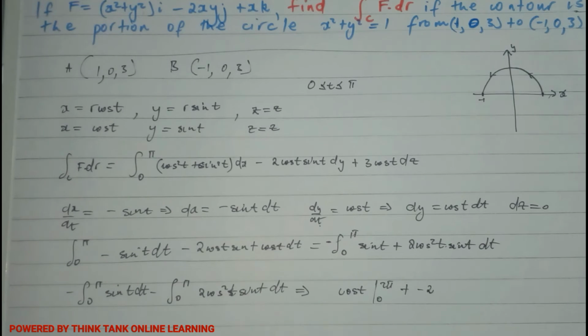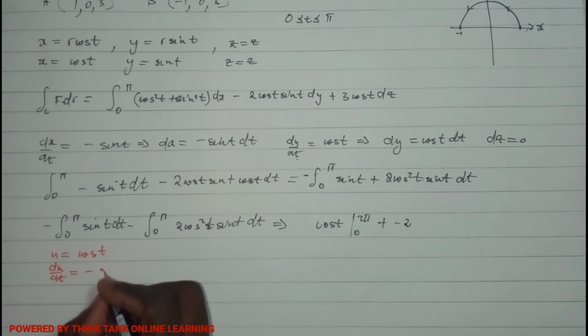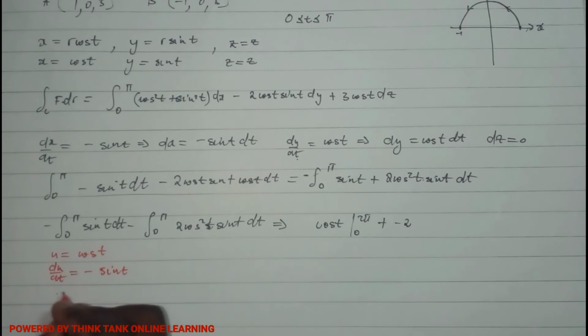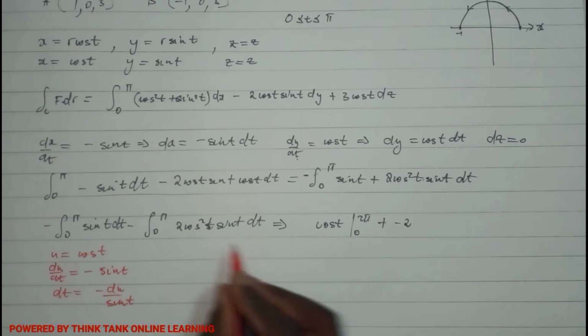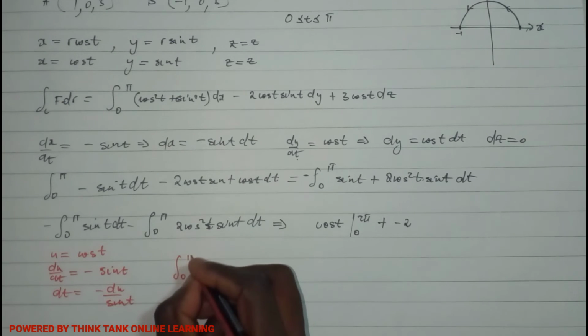You choose the one with the bigger power, which is cos, so let u equal cos t. Differentiating, du/dt equals negative sine t, so dt equals negative du over sine t. I'm not going to change my limits, so we have 0 to pi.